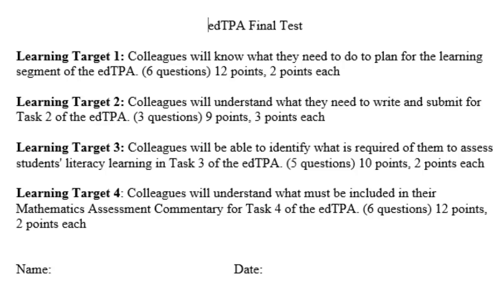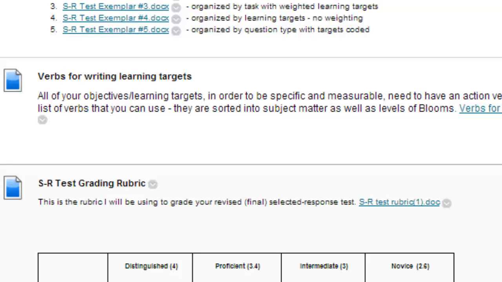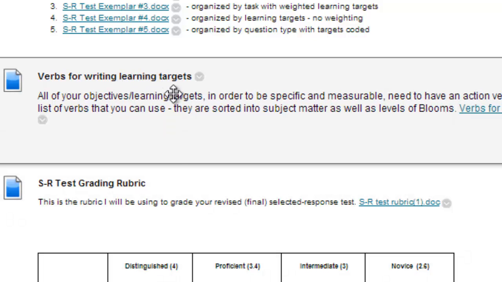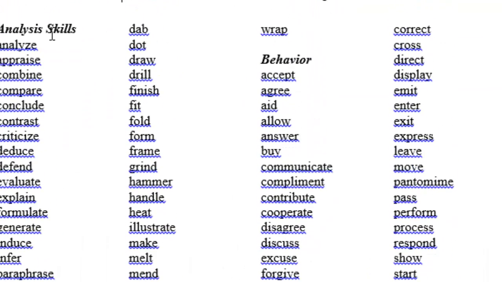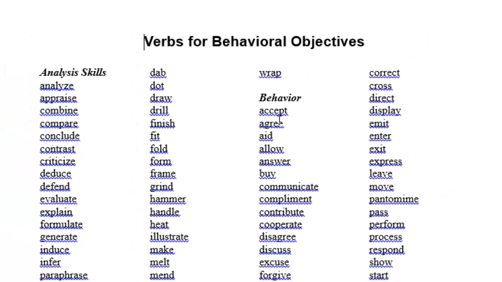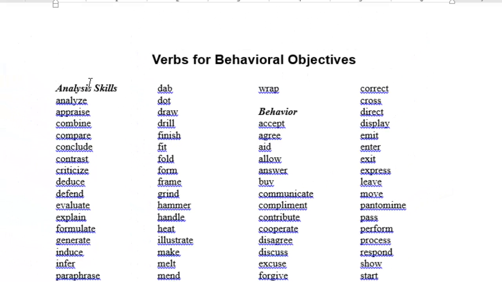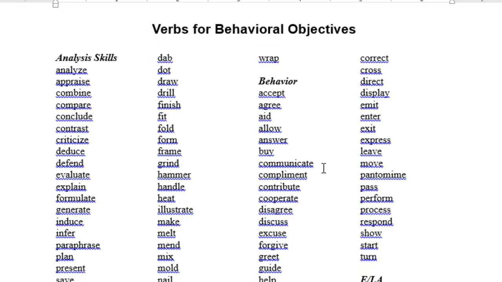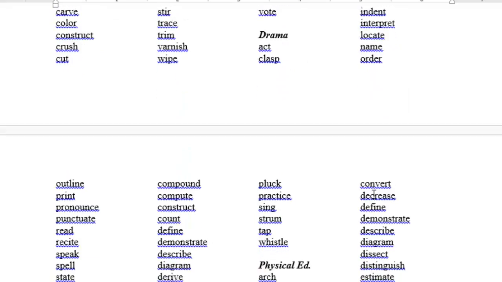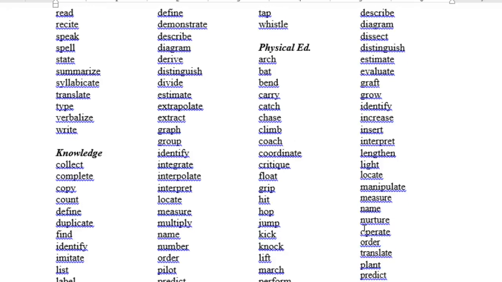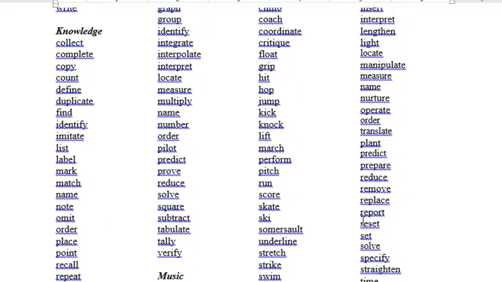So what I've also given you in course materials are verbs for writing learning targets. All your objectives should use these verbs, and here they are. You can see they're categorized by Bloom's taxonomy, and also by different subject matter: phys ed, art, music, simple tasks.